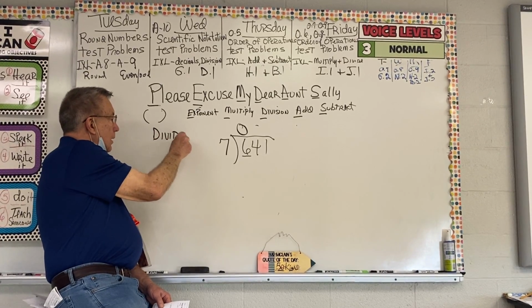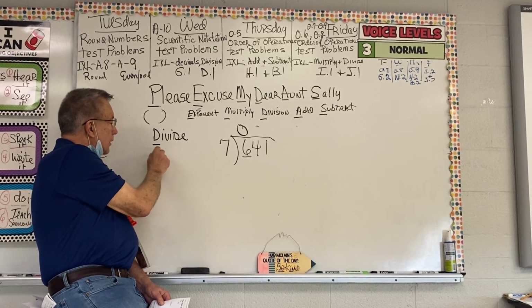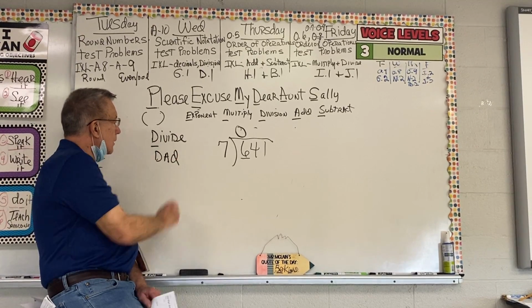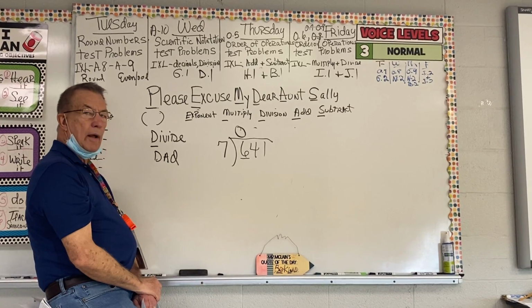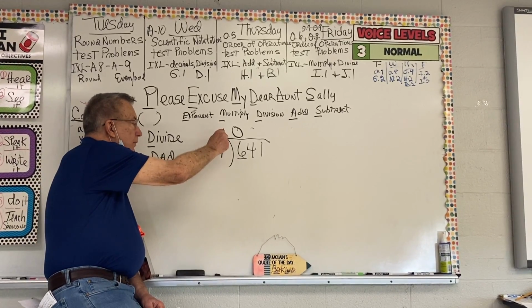Divide. Now, I want to share something with you also. This D could stand for dad, okay? Because we're going to have a family here in a minute. And so then the next thing you do, some of you put an X here.